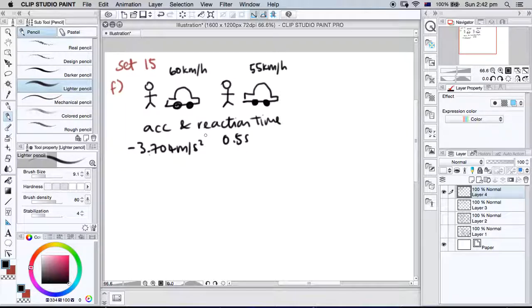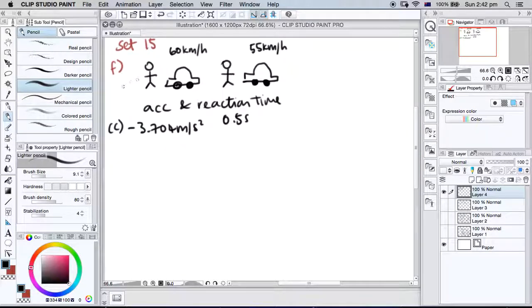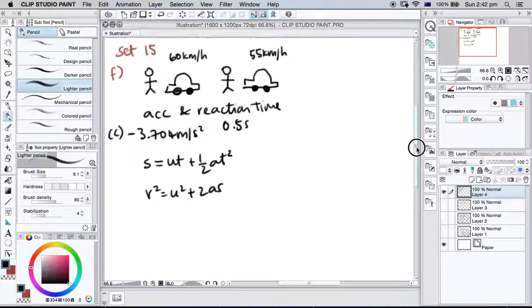That's what we calculated in part C. Once we have these, we can use our SUVAT equations: s is equal to ut plus half at squared, and v squared is equal to u squared plus 2as. We want to find the stopping time and distance. That's our main objective.